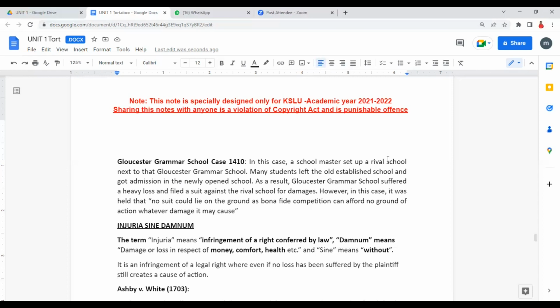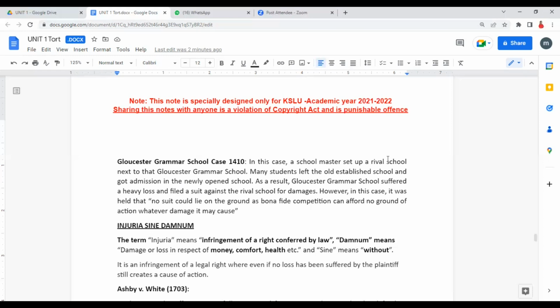So there was huge loss in terms of money that can be proved before the court, right? Gloucester Grammar School went to the court and said that because of this rival school coming up, we have suffered loss and we need compensation for it.